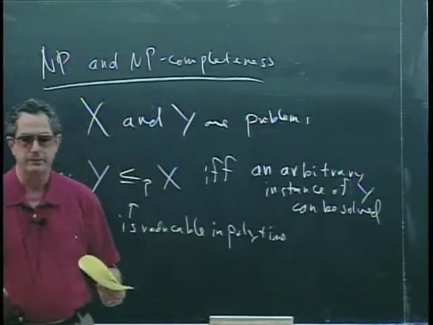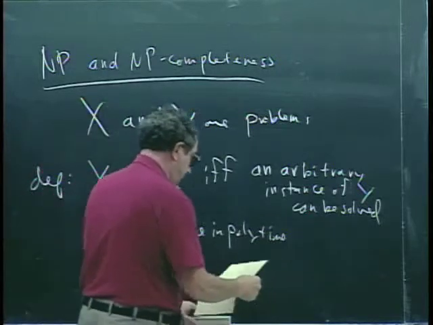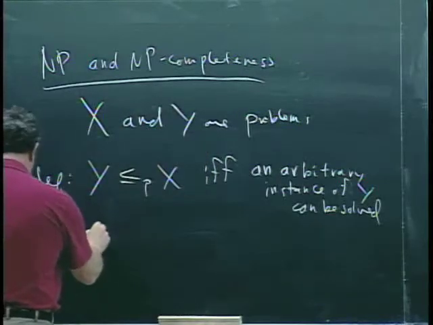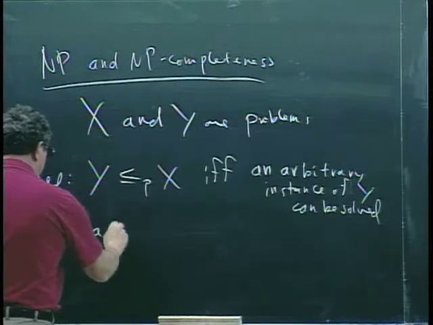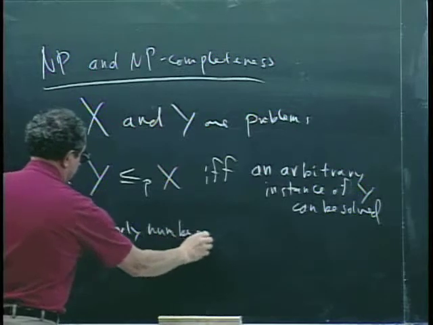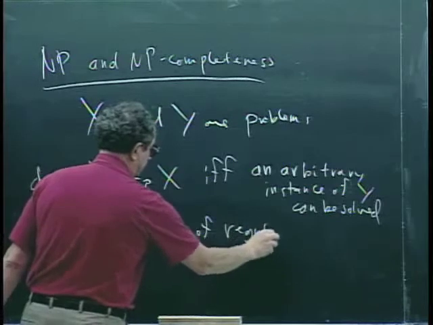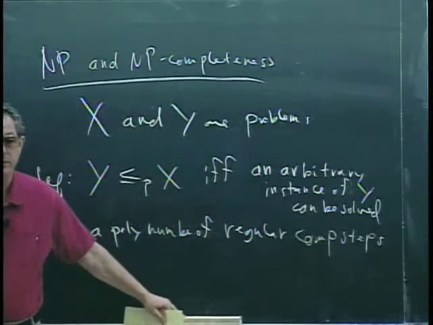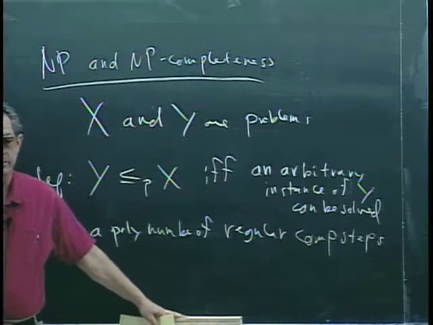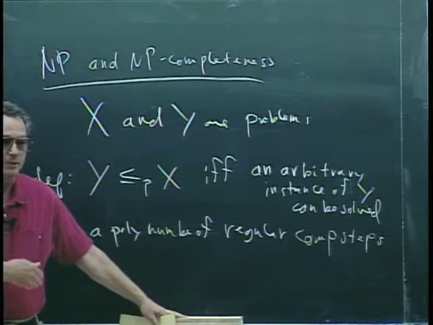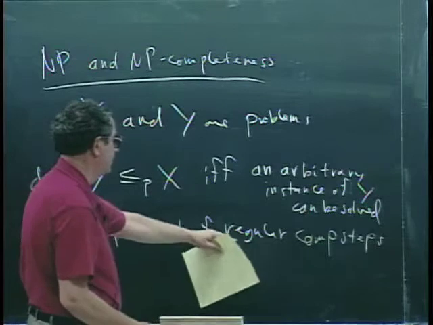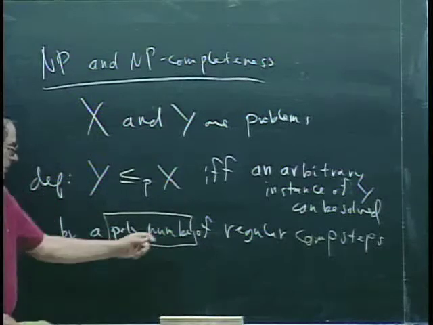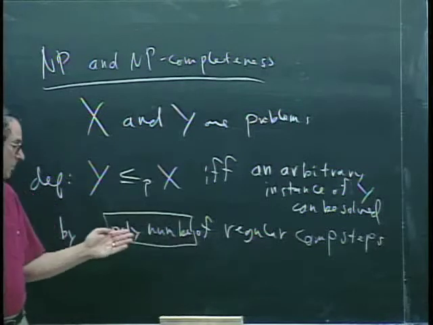You can take any arbitrary instance of Y, and one way of solving it is by a polynomial number of regular computational steps, just things we're familiar with in our algorithms, comparing two numbers or moving a number from one memory location to another memory location, etc. And when I say a polynomial number, that's shorthand for a number which is bounded by a polynomial function of the input size.